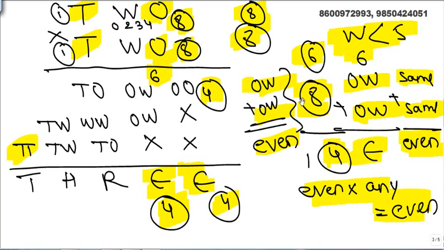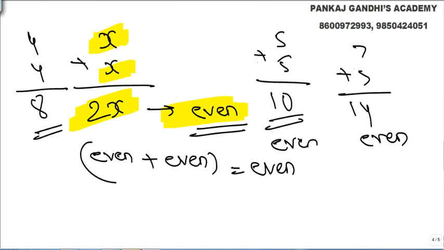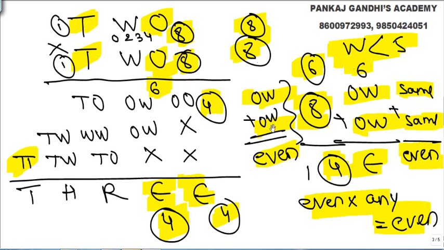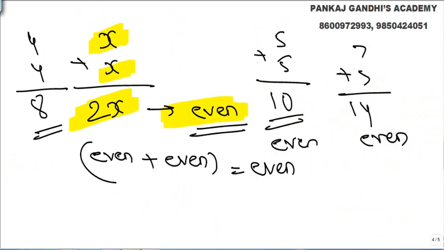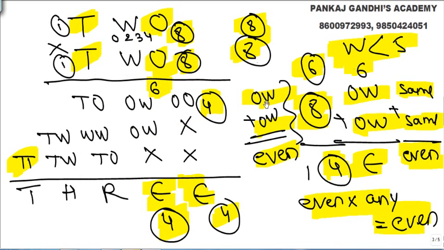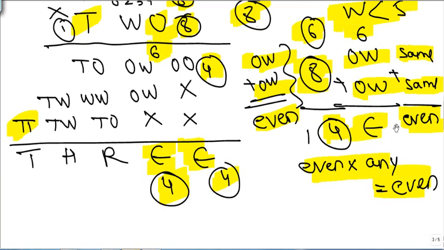Now what can we get? 8 we have already got. To get 8, how is it possible? OW plus OW, 8 is possible. It's perfectly fine. So OW plus OW, we have got 8.